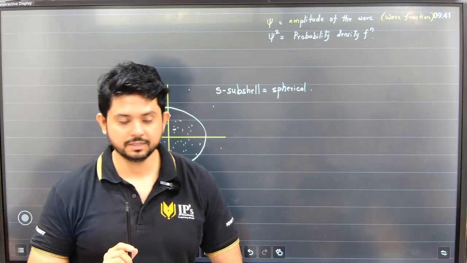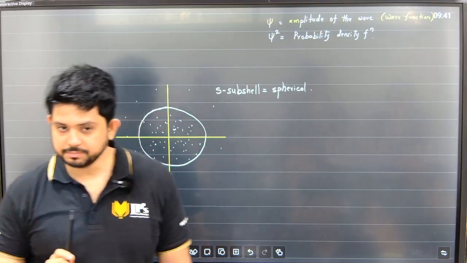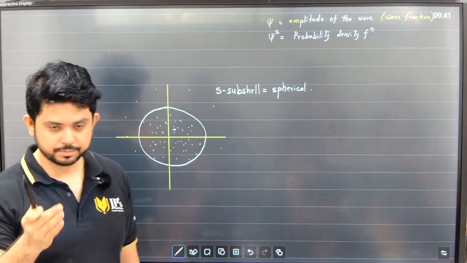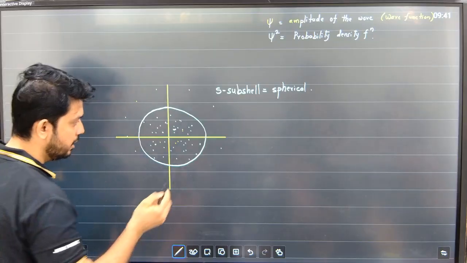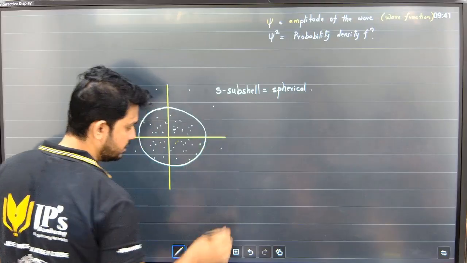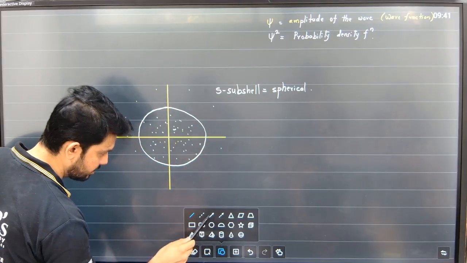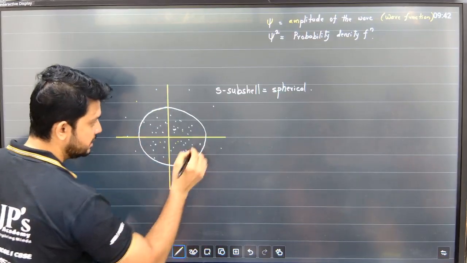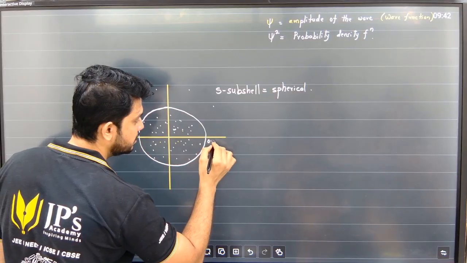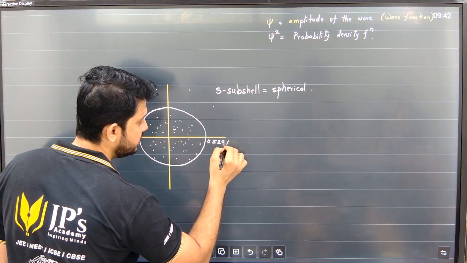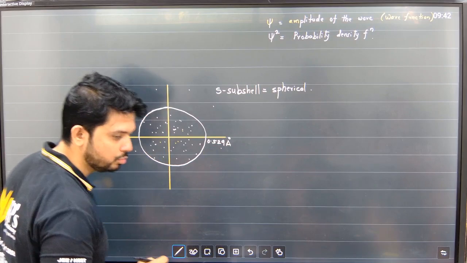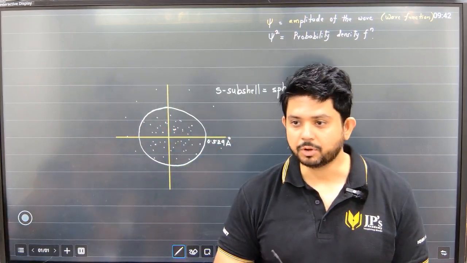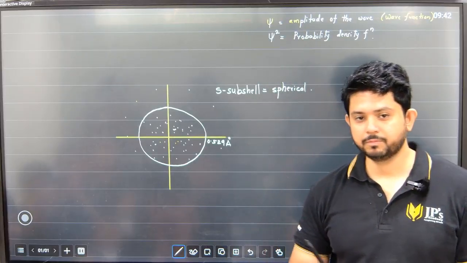Not only that, this was done for a uni-electron system. For H, hydrogen के लिए किया. You know how much ये value आया? Like यहाँ से यहाँ तक का this particular value, 0.529 angstrom. What value is this?